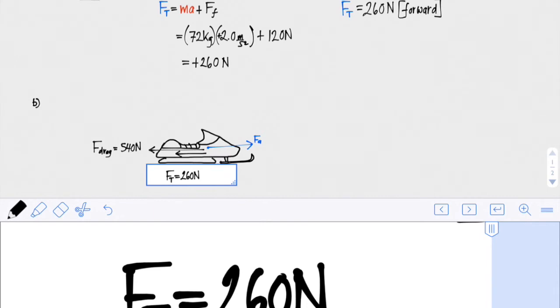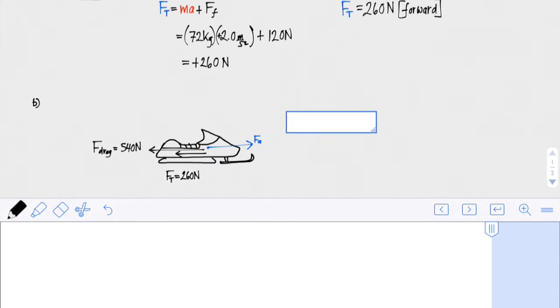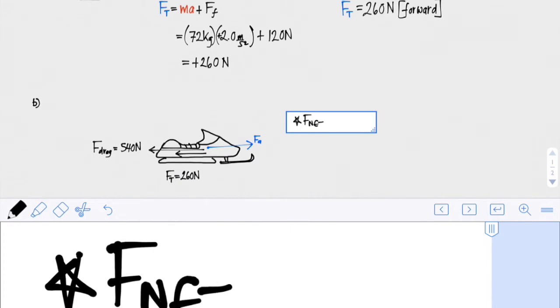So to find the applied force, we're going to take the same steps. We're going to use the F net equals and list all of the forces acting on this object using plus or minus signs to indicate the direction.